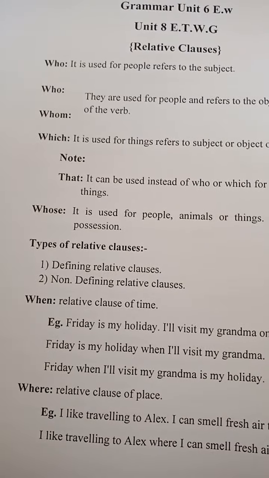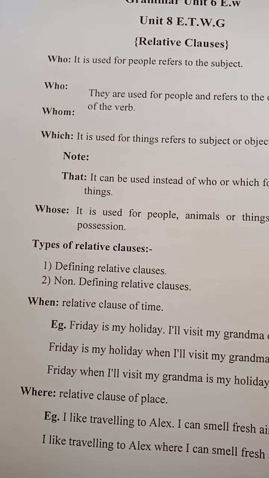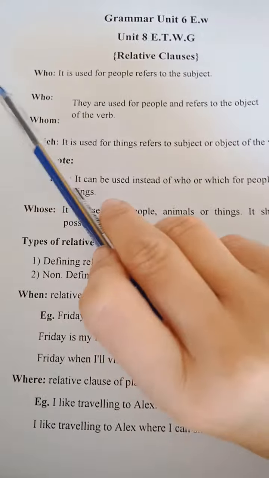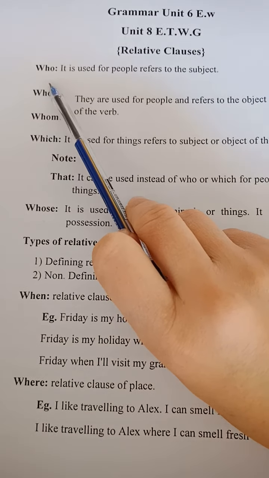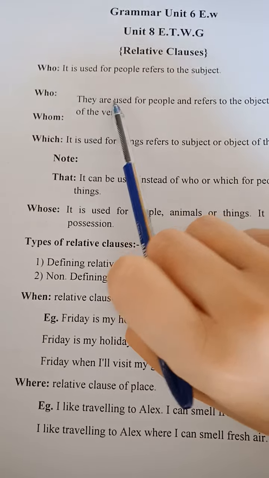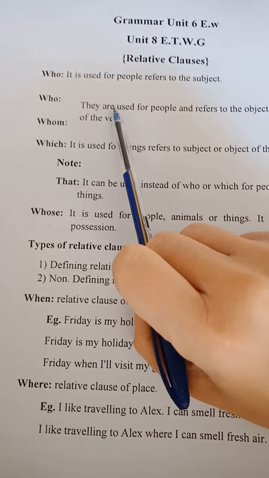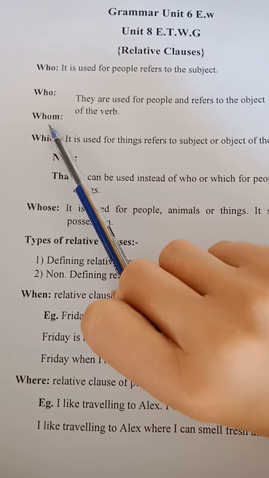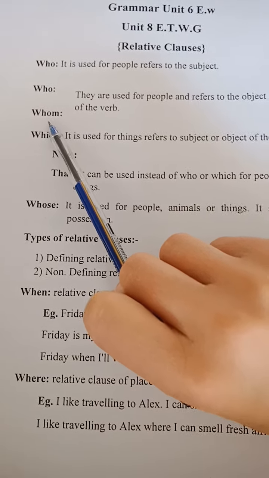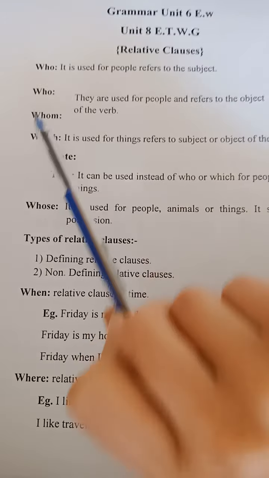Now I'm going to complete talking with you about relative clauses. In the last videos we talked about who, and we said that we will use who as a relative clause to refer to people as subject or object. Whom, I can use it to refer to people only as object.